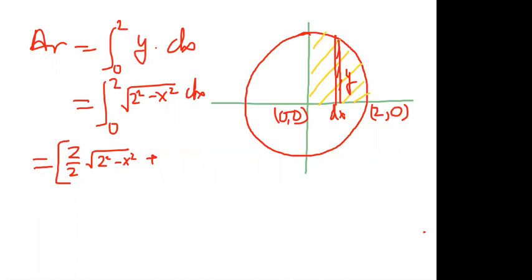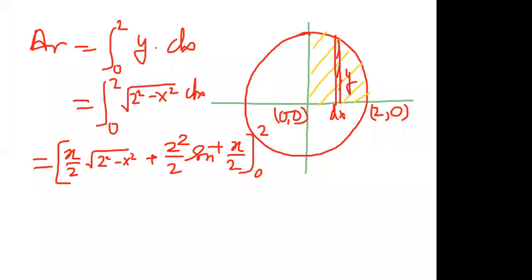So while writing over here also, this will be x/2 √(a² − x²) plus a²/2, that is 2²/2, sin⁻¹(x/a) from 0 to 2.